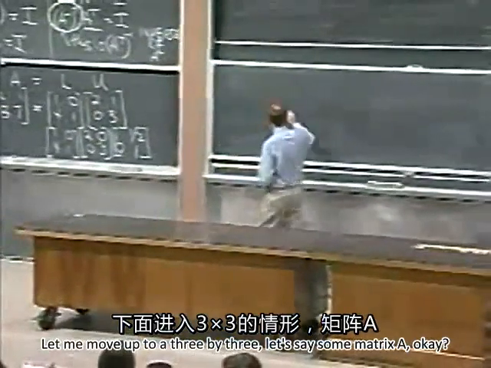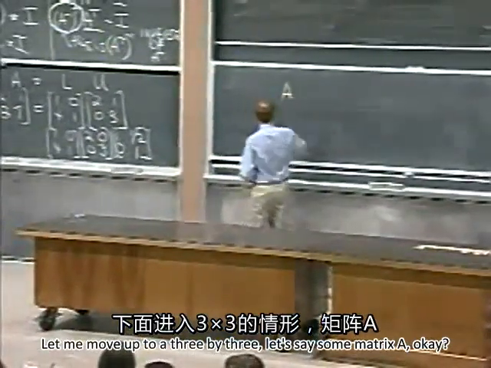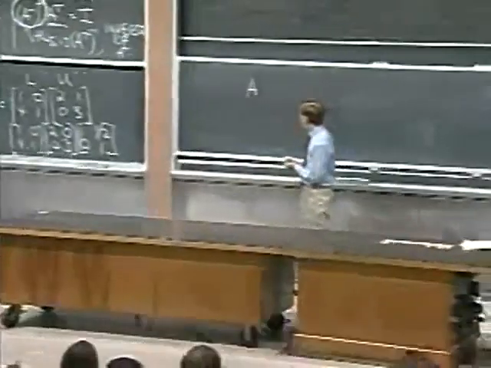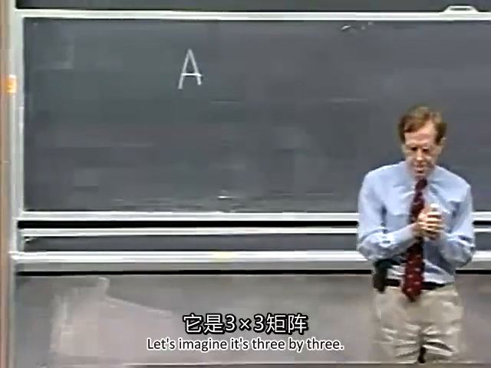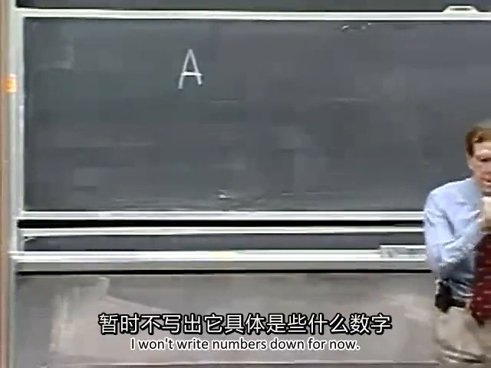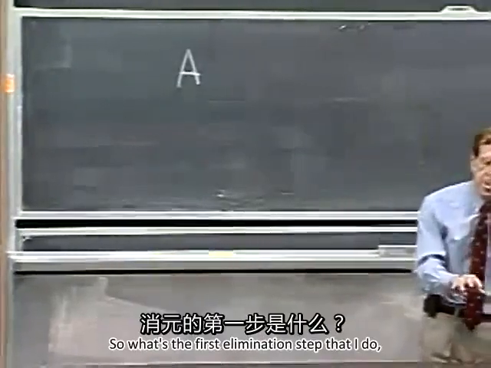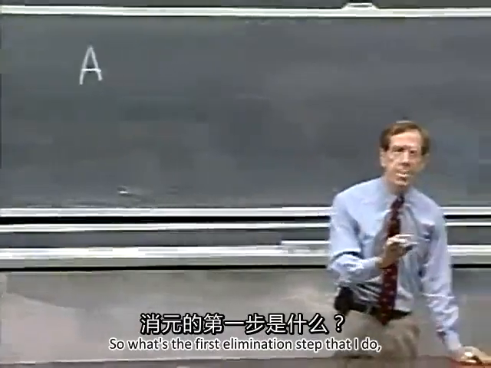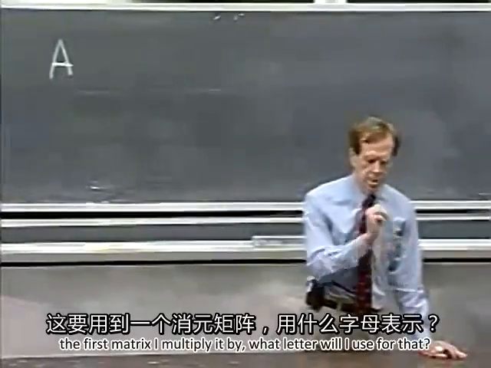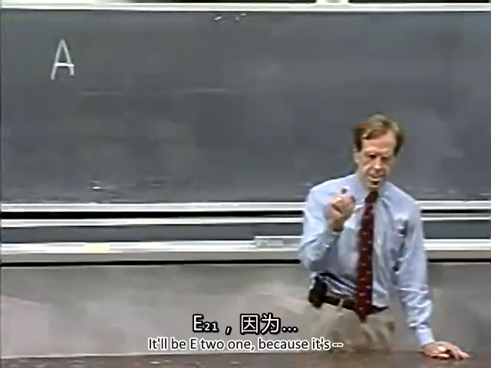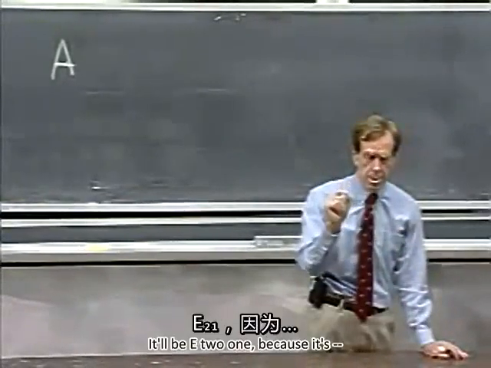Let's say some matrix A. Let's imagine it's 3 by 3. I won't write numbers down for now. So what's the first elimination step that I do? The first matrix I multiply it by? What letter will I use for that? It'll be E to what?